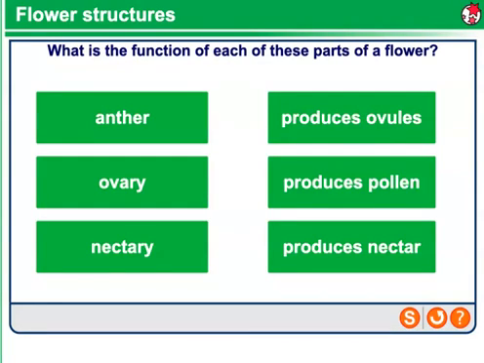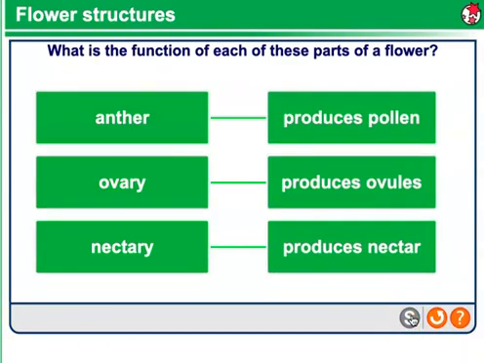So what is the function of each of these parts of a flower? The anther produces pollen, the ovary produces ovules, and the nectary produces the nectar.